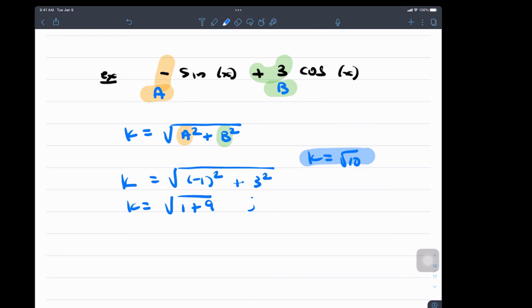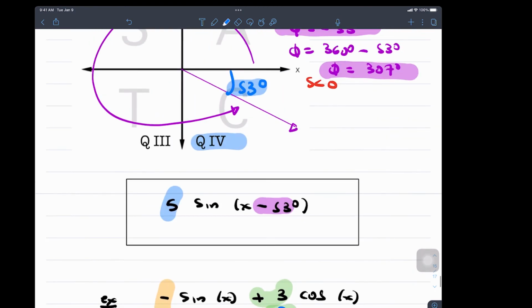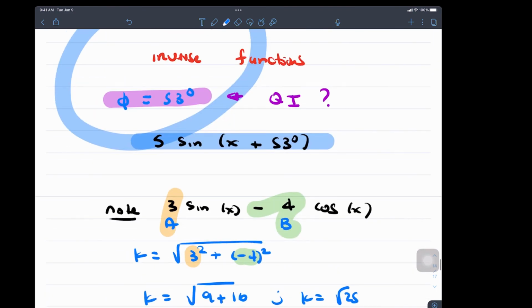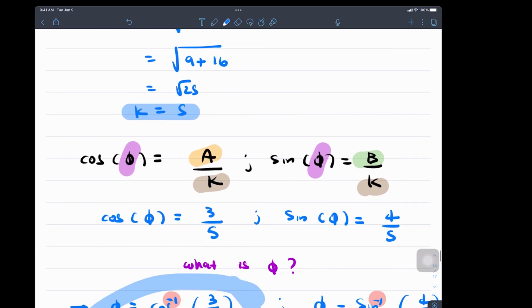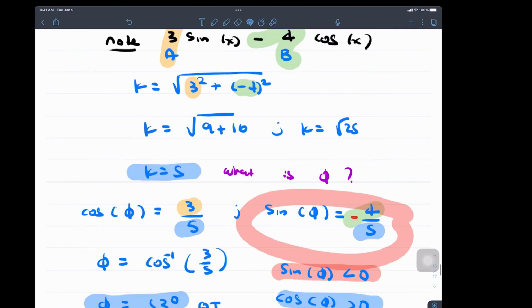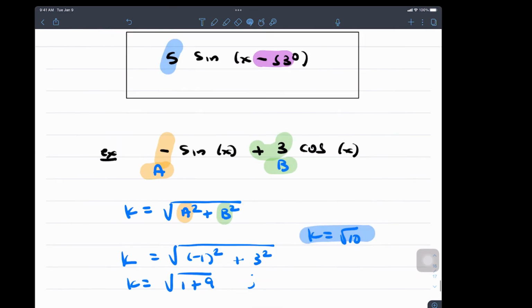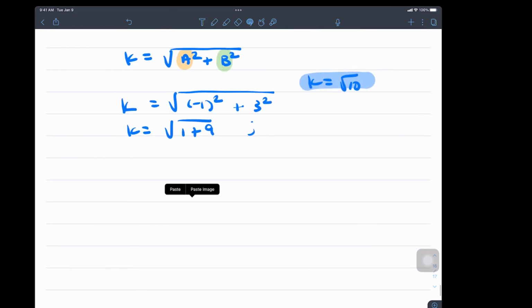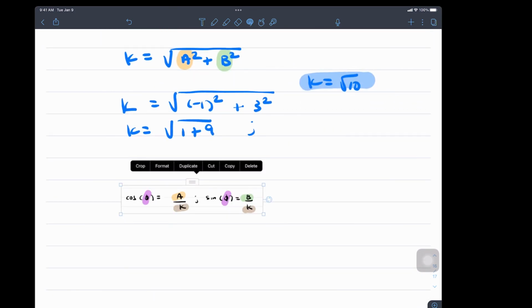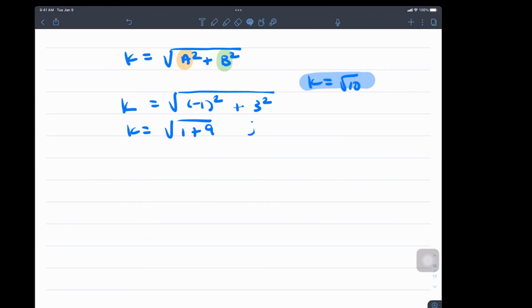All right, you guys okay with that? No big deal. You got your K. That's the definition. But what do you got to use? We got to use this. And do that.